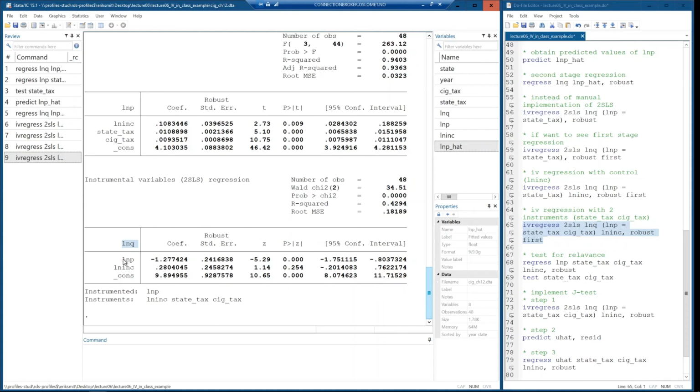So if we increase price by 1%, then we decrease the demand for cigarettes by 1.27%.